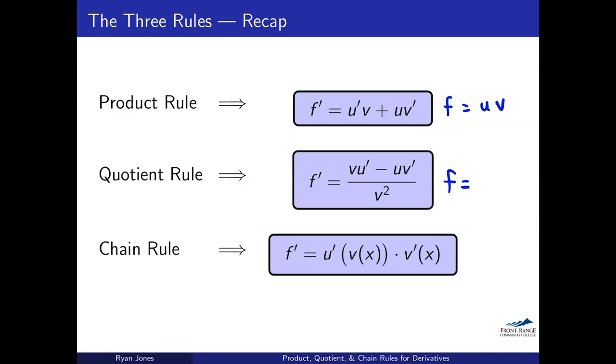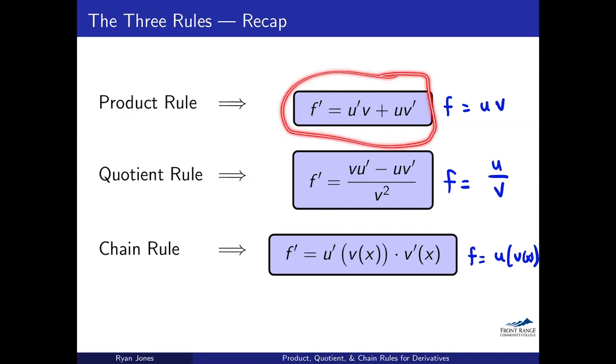Here it would equal u over v, and here it would be u of v, and I'll put an x there just so we're clear. And so my product rule is going to look like u prime v plus u v prime. I take a derivative of one, leave the other, and then add to that the first one times the derivative of the other. So I'm taking a derivative of each part separately, leaving the other part untouched, and adding those together.